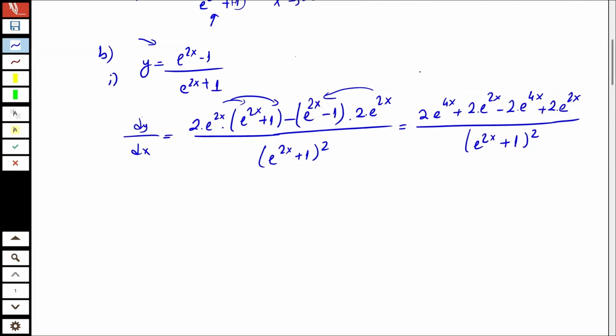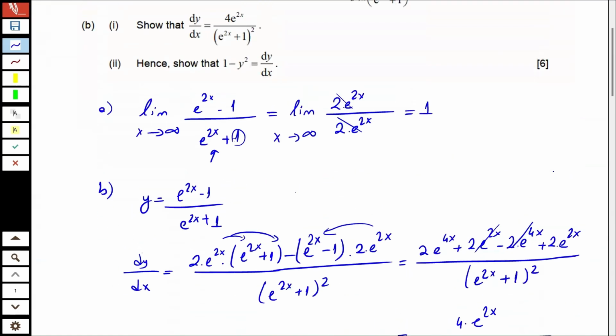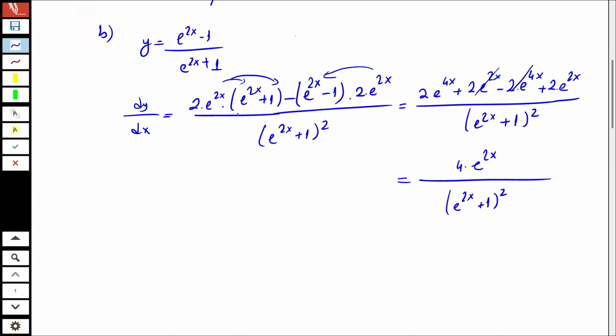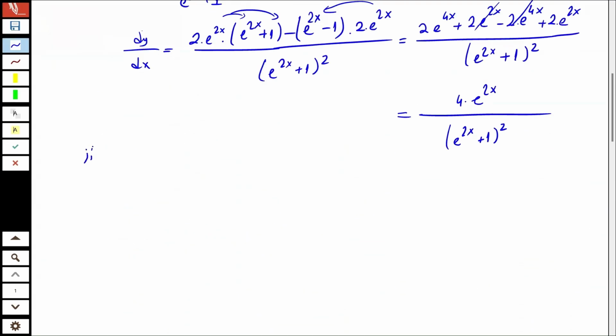From here, you can see that these expressions cancel each other, and the other one is going to be 4 times a to the power of 2x divided by a to the power of 2x plus 1, squared. This is the derivative of y. We show that 1 minus y squared equals the derivative of y. The second question, B.